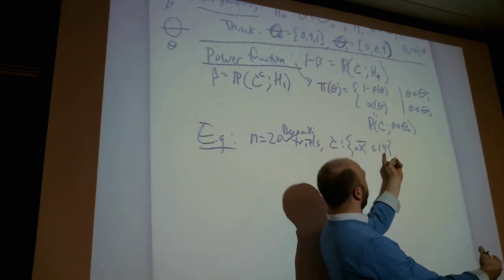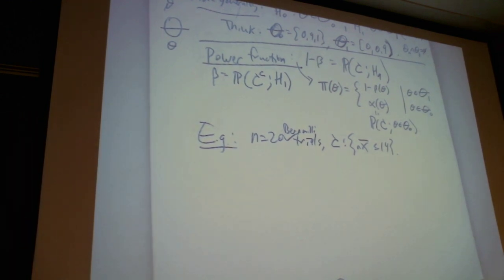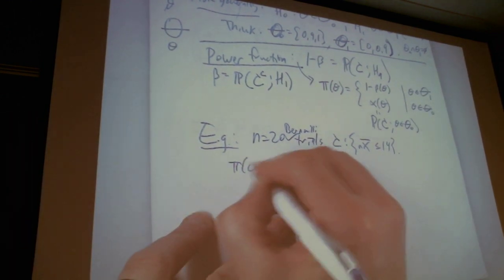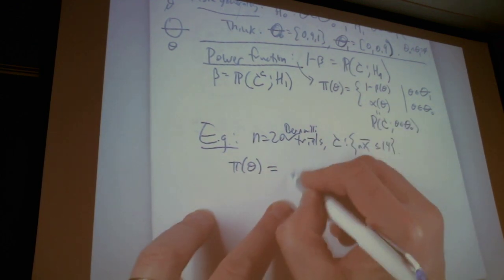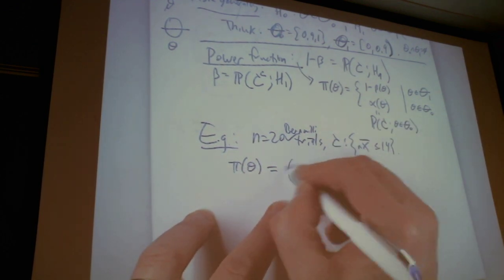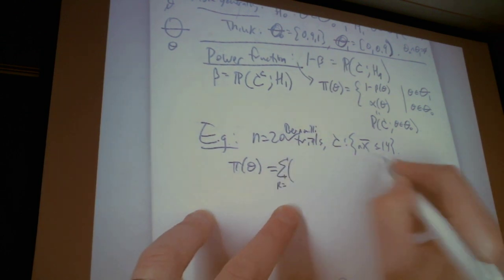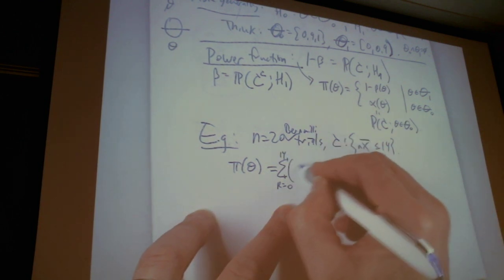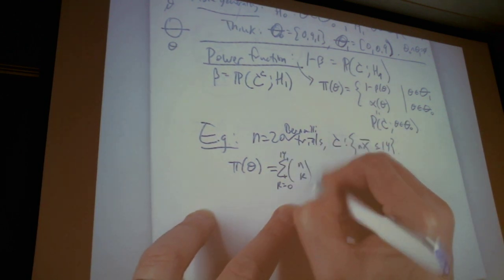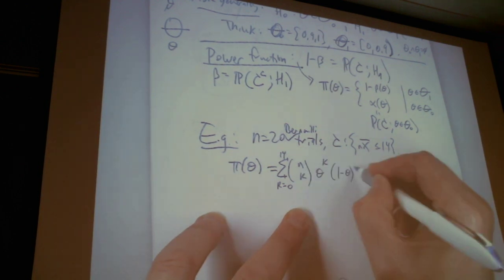If you got at most 14 heads, then that was your critical region. And so pi of theta is just the likelihood of this. So it's a sum as k goes from 0 to 14 of 20 choose k, theta to the k, 1 minus theta to the 20 minus k.